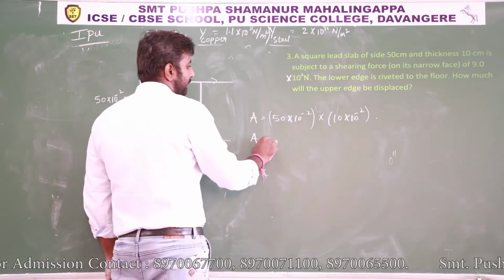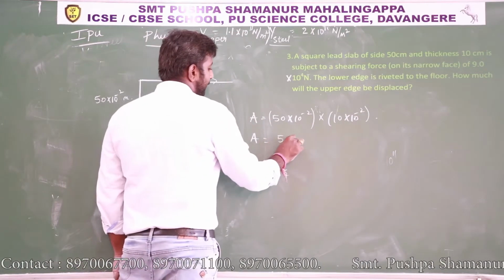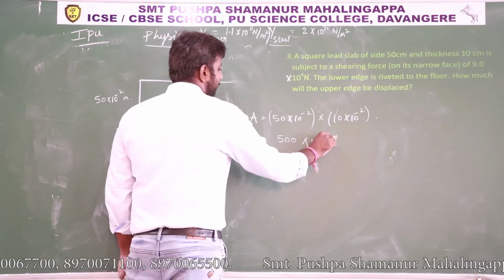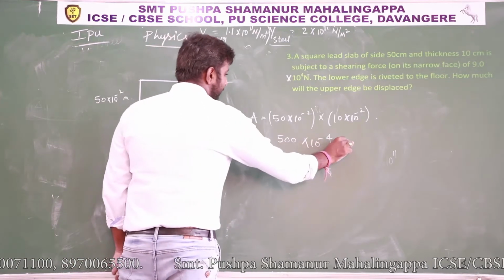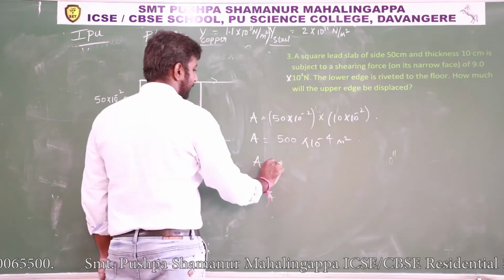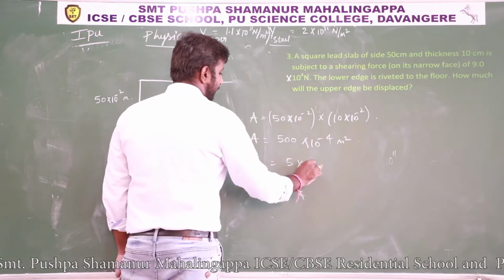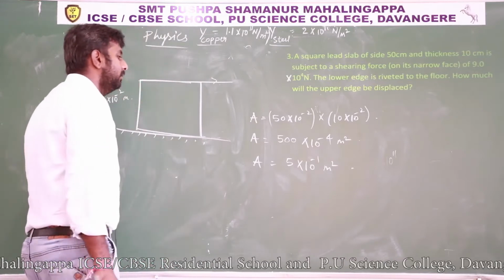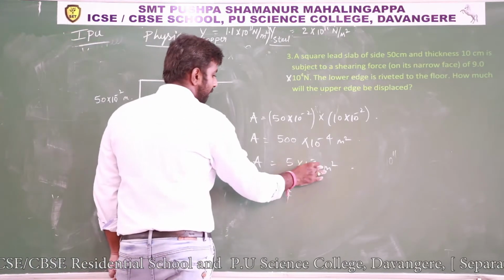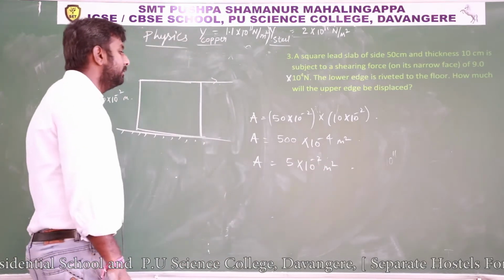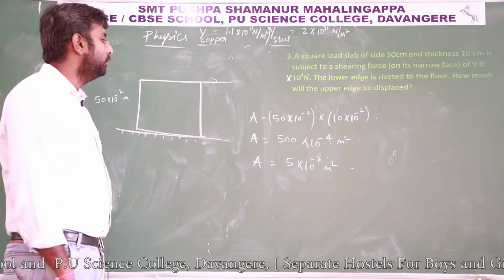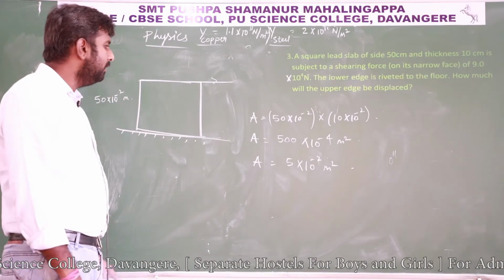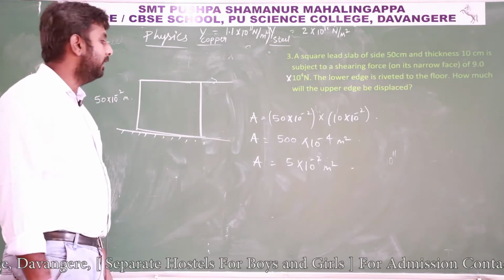So the area value becomes 500 into 10 to the power minus 4 meter square, or A equals 5 into 10 to the power minus 2 meter square. This is the value of area.